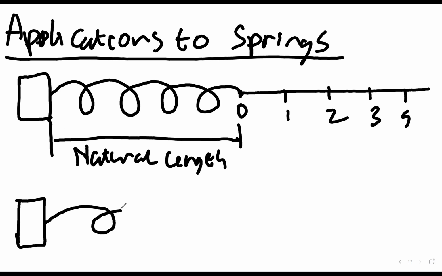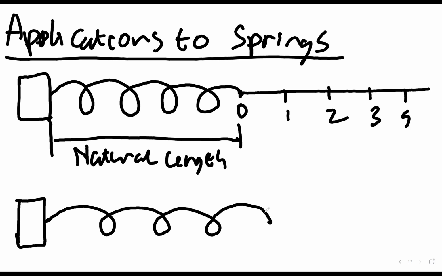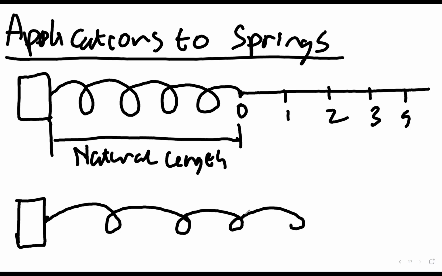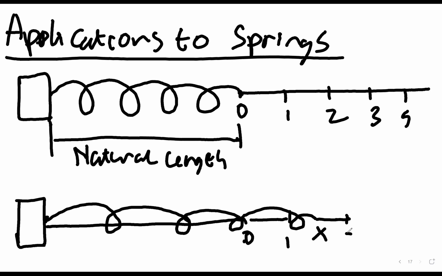Let me try to do my best. Probably I will slightly tilt it. Assume that in this point we'll have 0, 1, this is x, this is 2, 3, and 4.